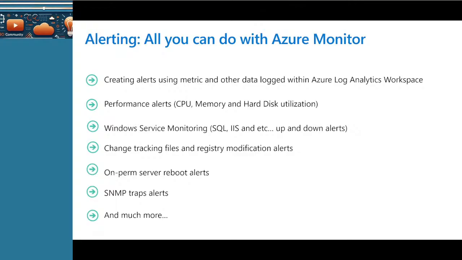And perfect. SNMP trap. Now someone can say, what about SNMP? Can Azure Monitor get data or monitor my network devices, my switches and all? So yes, what we can do for that, we can create a Linux machine, okay? It would run a syslog server.